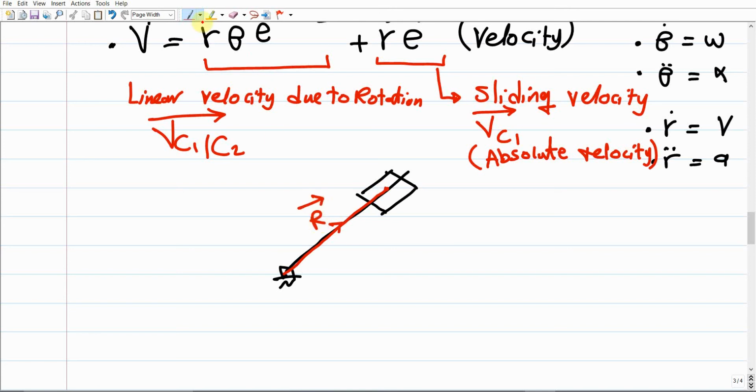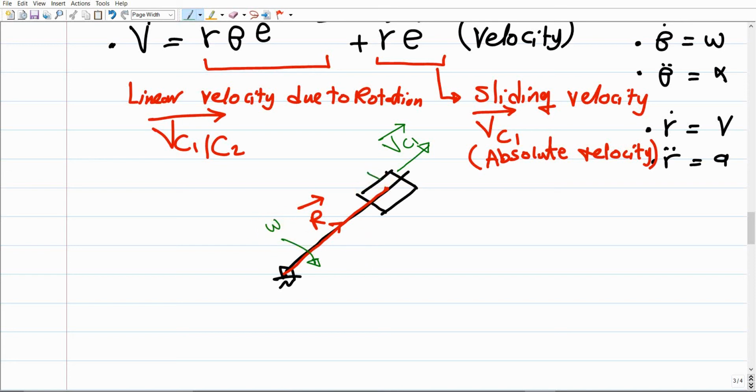For the velocity, we have two components. One component is VC1, the first component, the VC1 vector, and it should be in the same direction as the position vector. And let us assume we have omega, the angular velocity, where the link rotates in such a way that the angular velocity goes in this direction.